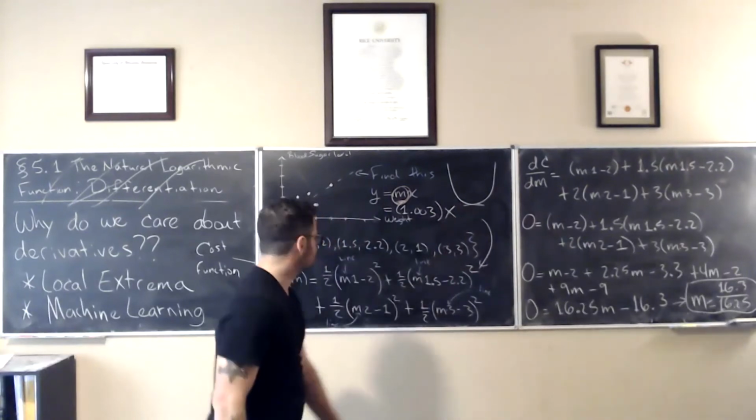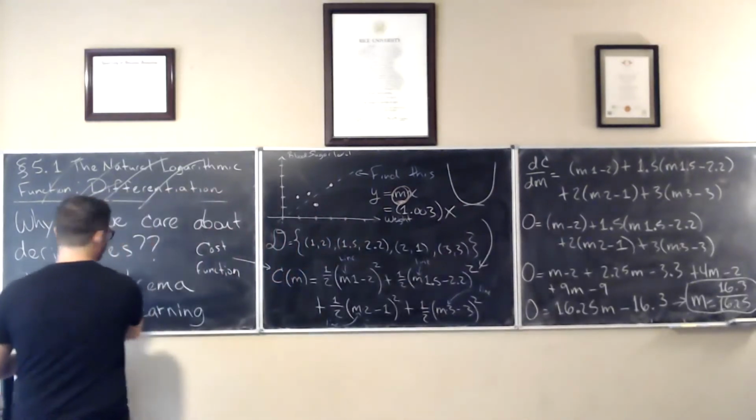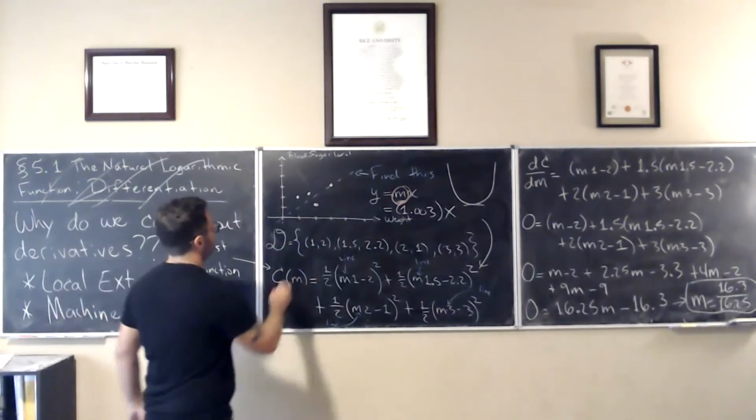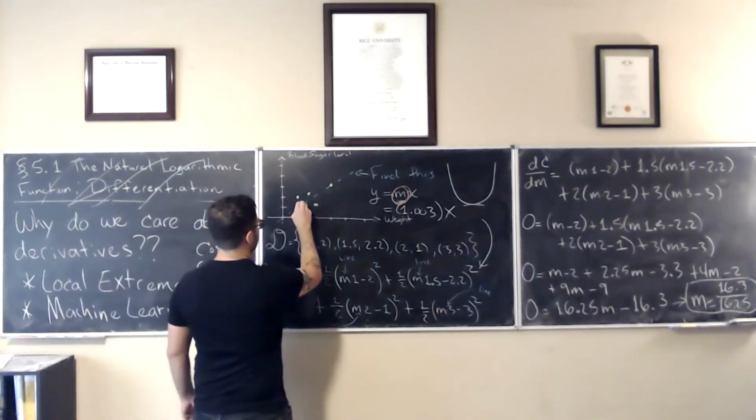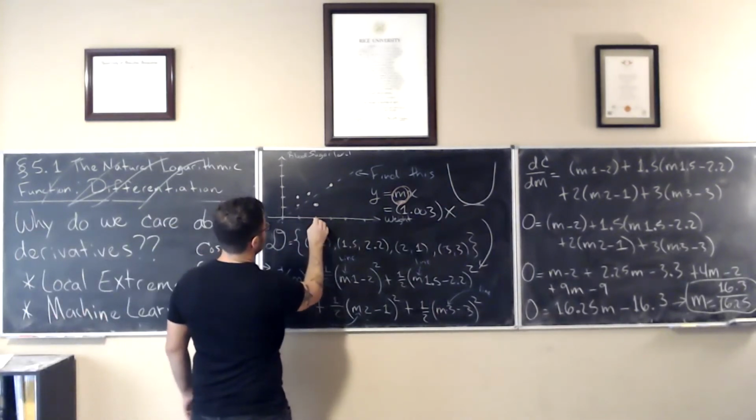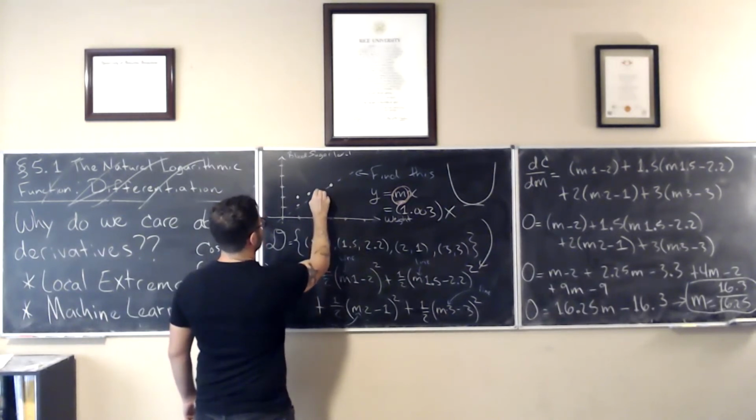There's our slope. So if we plot that line, it's probably right there, a little bit higher, and then when it's 2, it'll probably be right there.